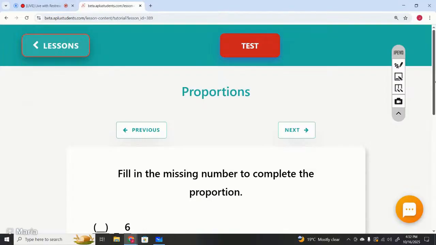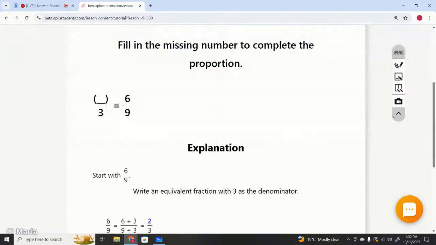Fill in the missing number to complete the proportion. 6 by 9.